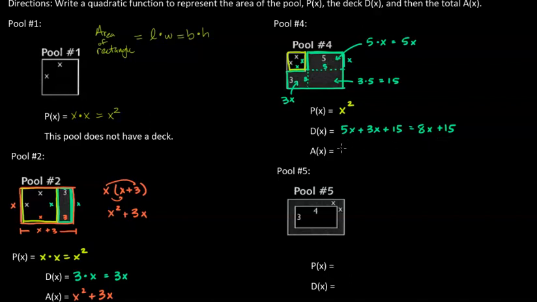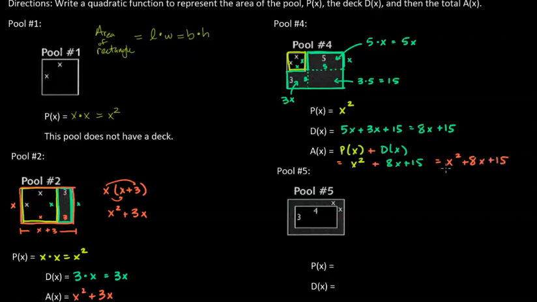But now finding the altogether area, we know we're going to take the pool area plus the deck area. And so that's going to be equal to the pool area of x squared plus the deck area, which said 8x plus 15. So all together, our A of x function would say x squared plus 8x plus 15.